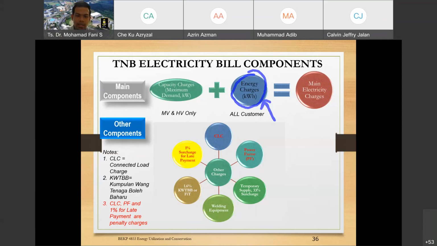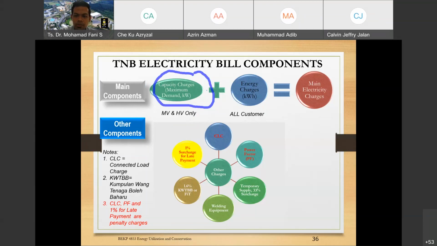So look at these main components. We have maximum demand. The maximum demand charge will be put in the electricity bill of the consumer, especially commercial and industrial consumers, plus the energy charge.